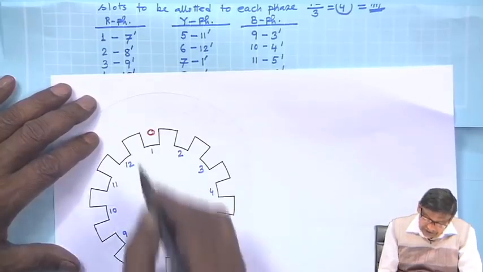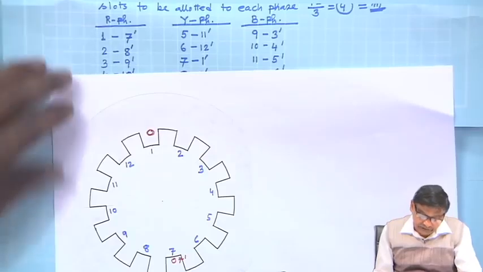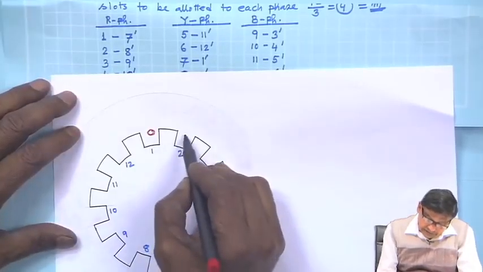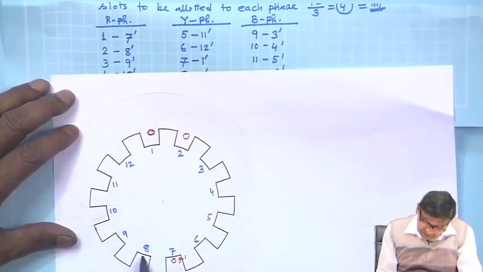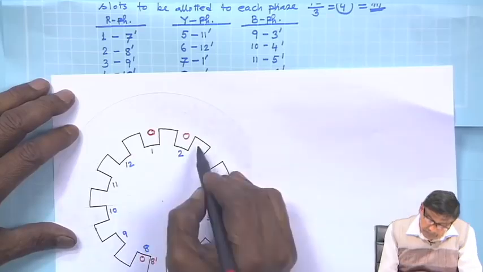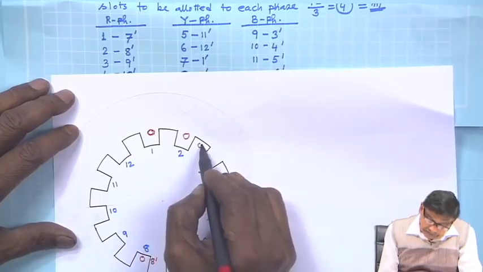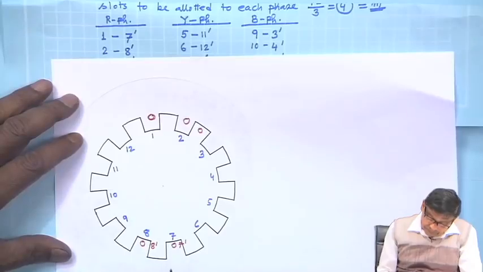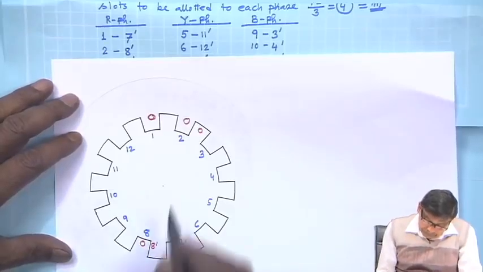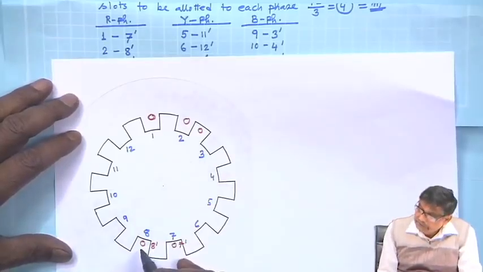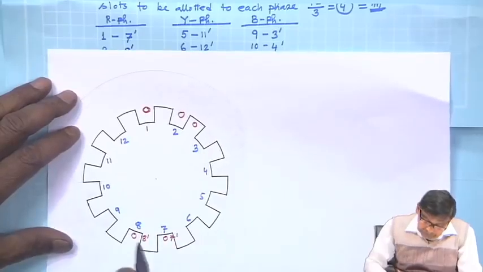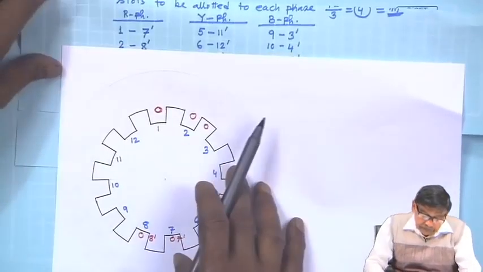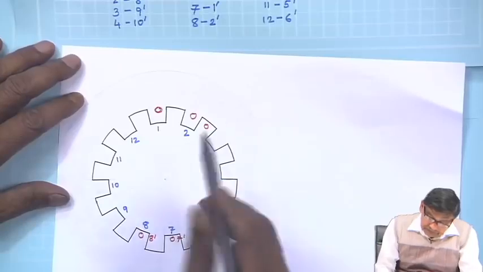7 dashed is here. It is a 2 pole machine, that is why diametrically opposite. Then 2 8 dashed, 2 8 dashed, any mistake?